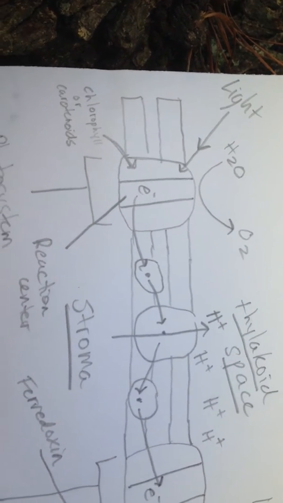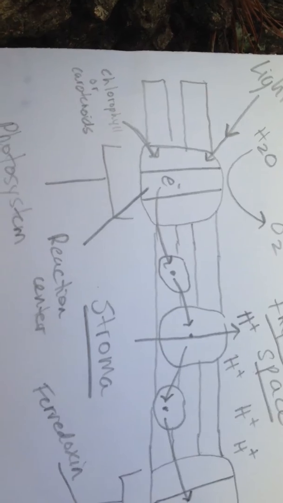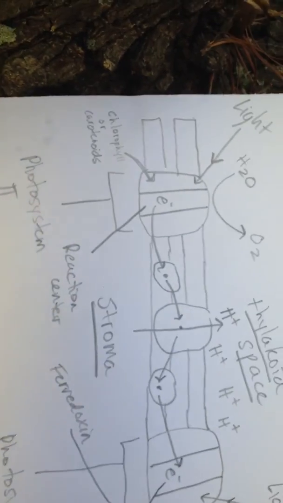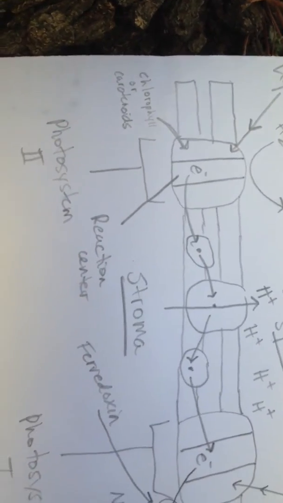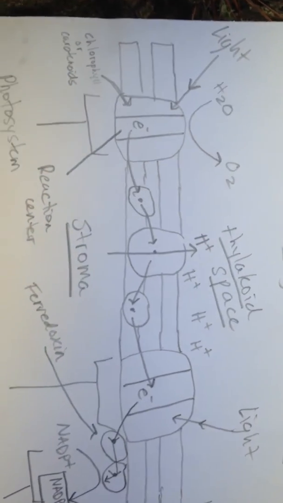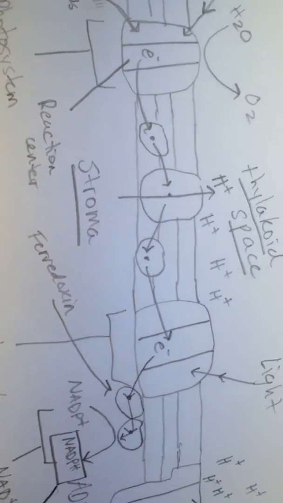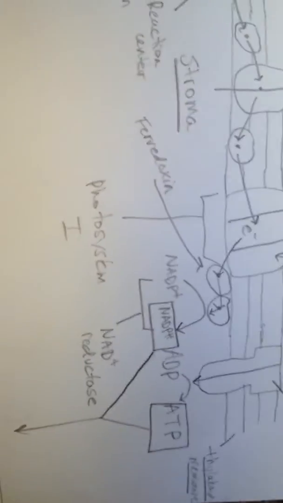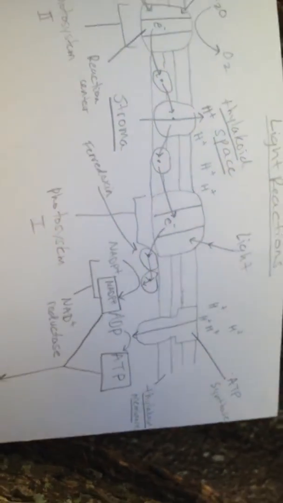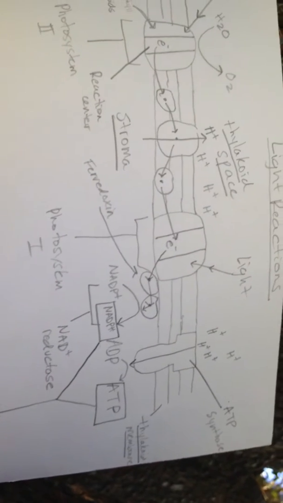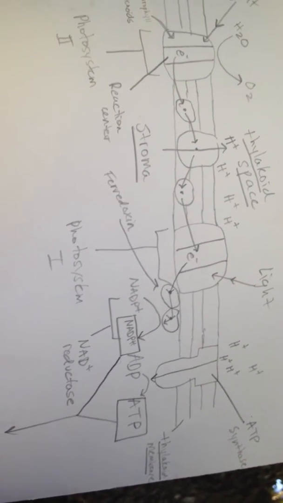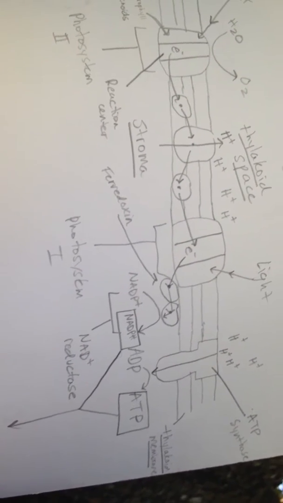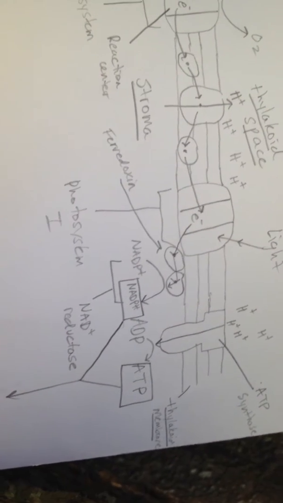Now that electron is going to move from this photosystem 2, down the electron transport chain, and it keeps going down and down to photosystem 1. Now that electron is going to go into the reaction center of this photosystem.